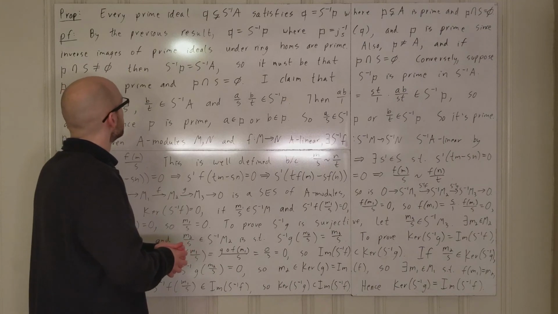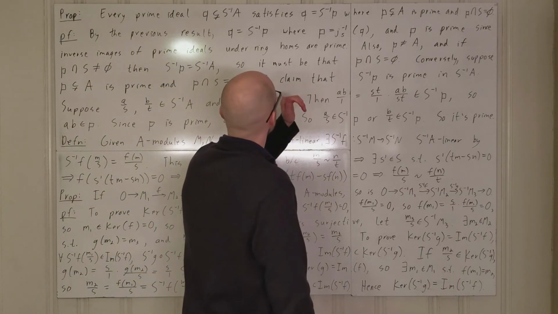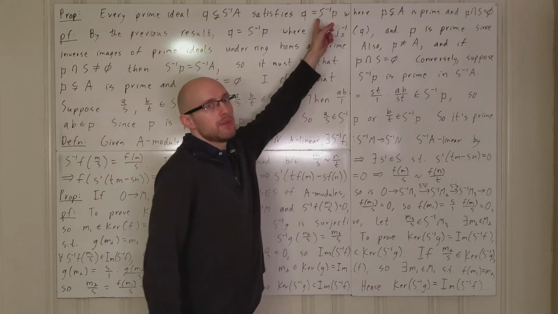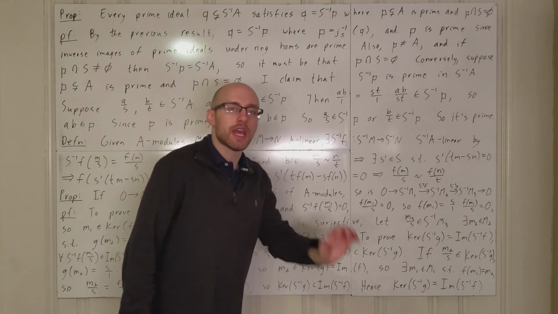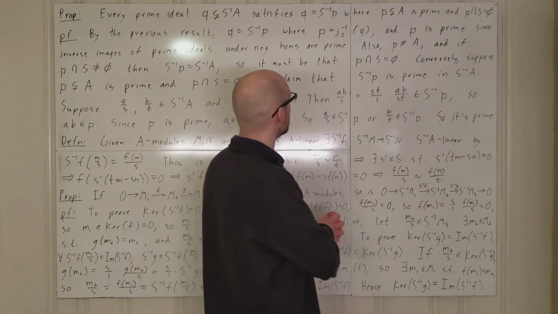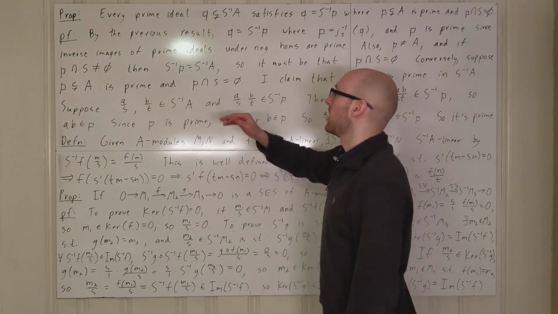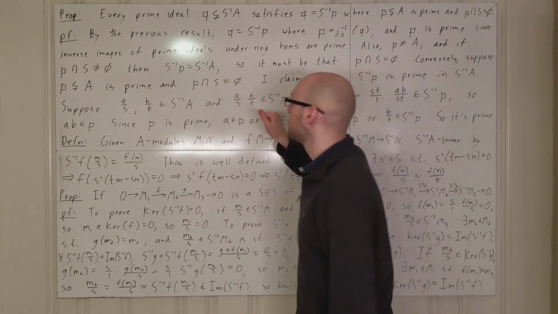Now we have to consider every ideal of the form S inverse P, where P is prime, and prove that that gives us a prime ideal in S inverse A. So suppose that you have a proper prime ideal P of A, and suppose that its intersection with S is empty.